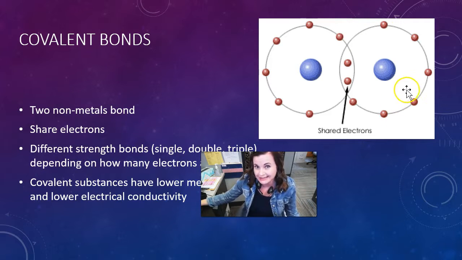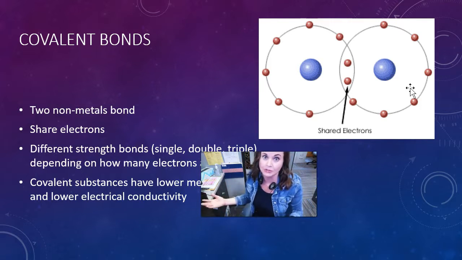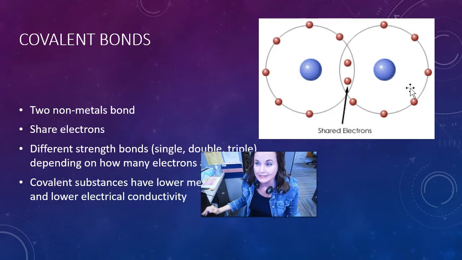Even though neither one actually has 8, they have 6 of their own with 2 that get shared between them. And that allows them to satisfy that octet rule, but it also bonds them together. So again, this type of bond is called a covalent bond, or a molecular bond, and this is called an oxygen molecule. Okay?